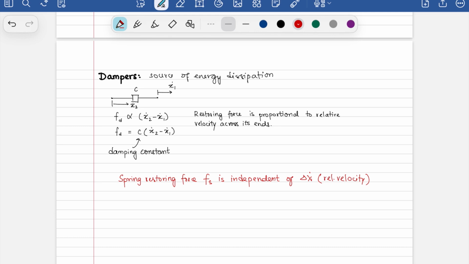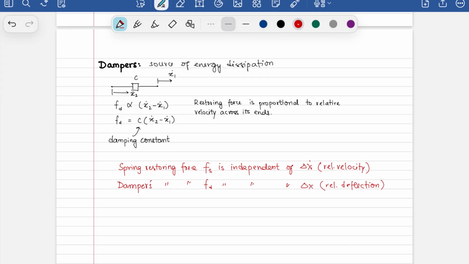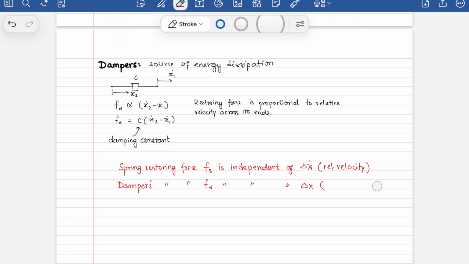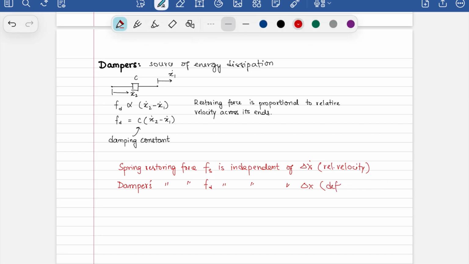It depends only on delta x, that is the relative displacement or the relative deflection, while a damper's restoring force Fd is independent of delta x, that is the relative deflection or displacement. Well, I guess to be more accurate, it would be the deflection or relative displacement. Okay, so keep that in mind.